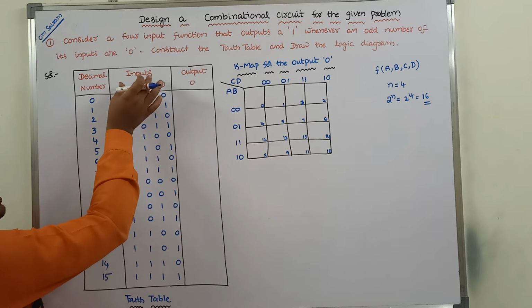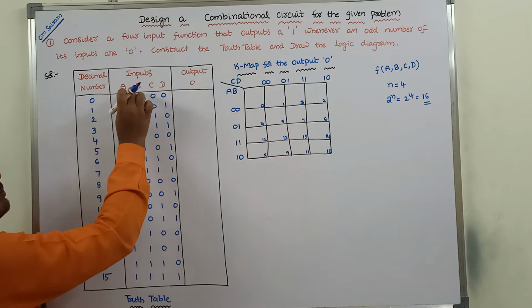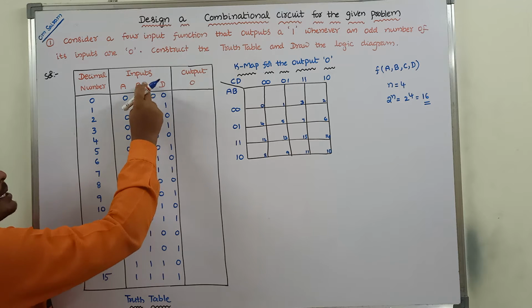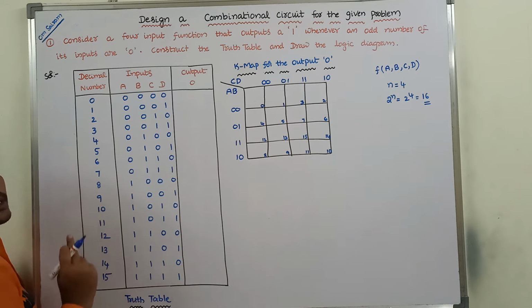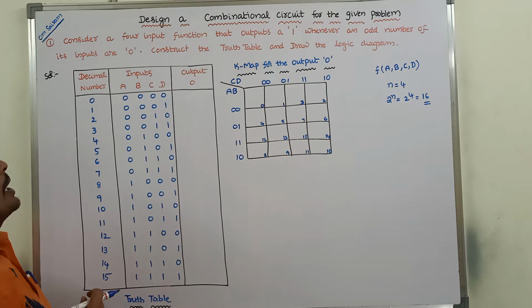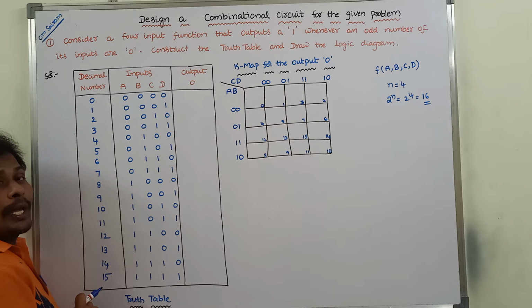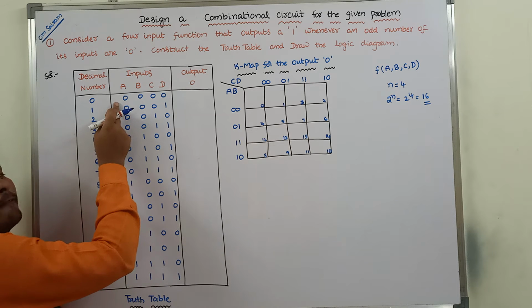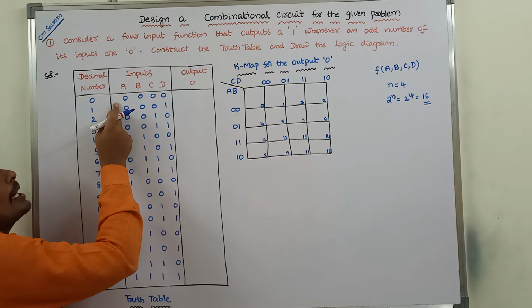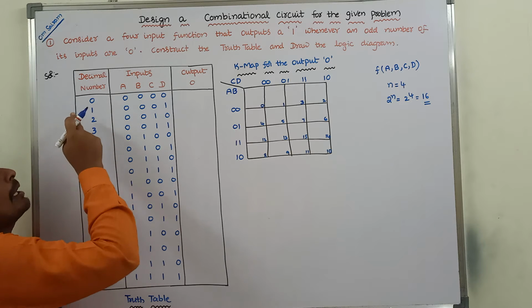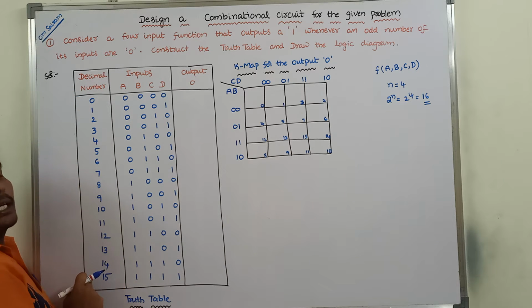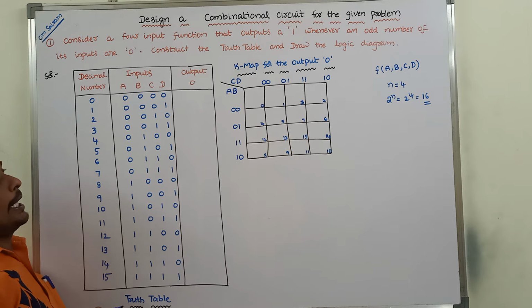So these are the 4 inputs A, B, C, D. With 4 inputs we get 16 possible input combinations. For each possible input combination, the equivalent decimal number is written in the first column of the truth table.